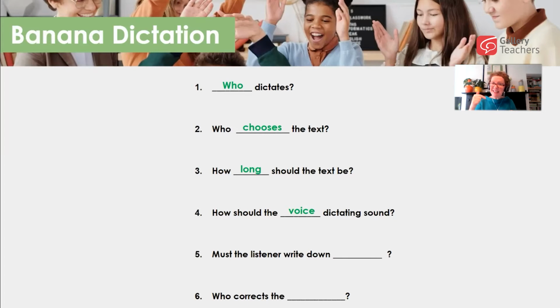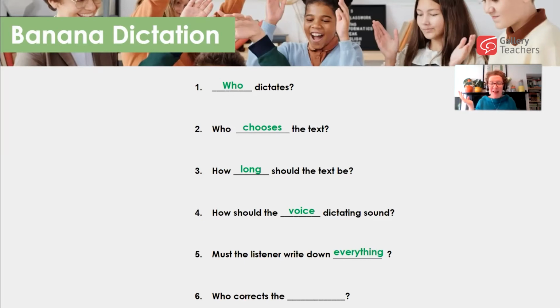Okay. And this is connected to question number 5. Must the listener write down everything? Well, again, if you dictate very slowly and very clearly, you probably have it in your head that you want your students to write down every single word, right? But if you go back to our opinion dictation, did you have to write down everything?